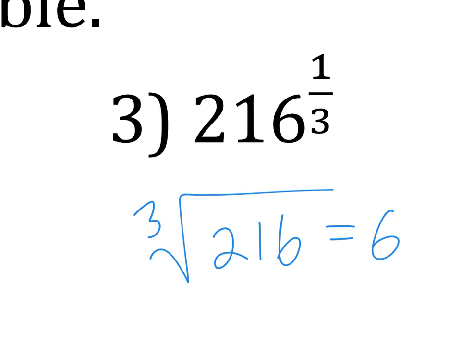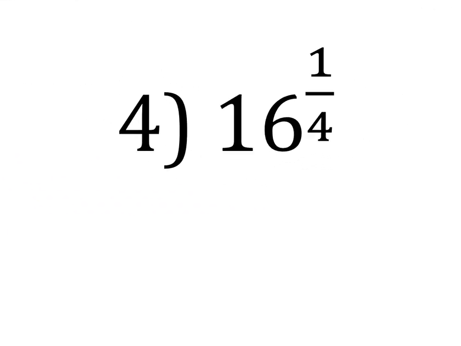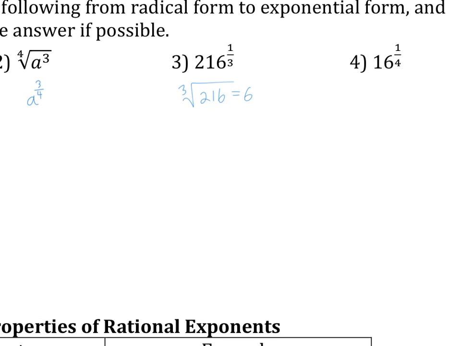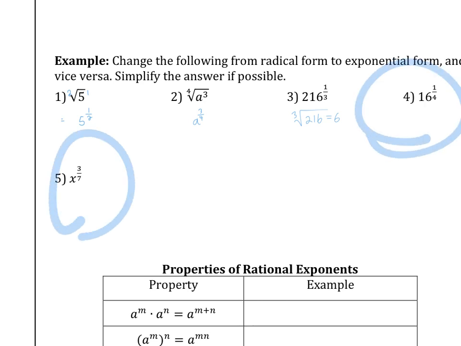So make sure you go back and memorize your exponent chart if you don't remember that. So let's have you do number 4. Actually, 4 and 5. Sorry, 4 and 5. So simplify as much as possible. All right, the answer is 2 for number 4 and 7th root of x cubed.